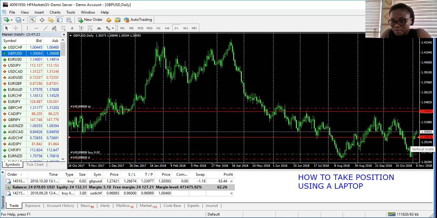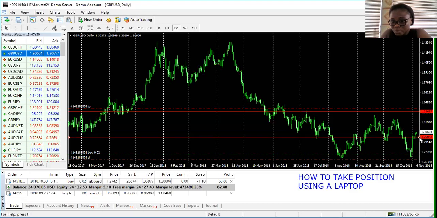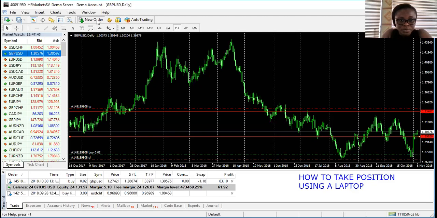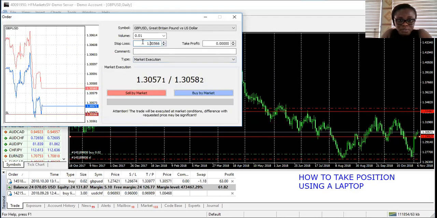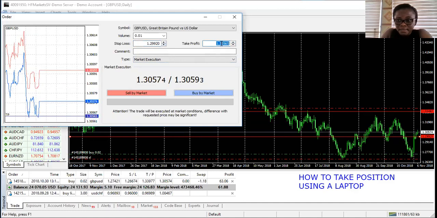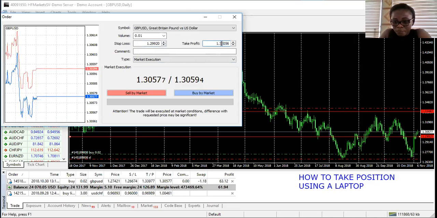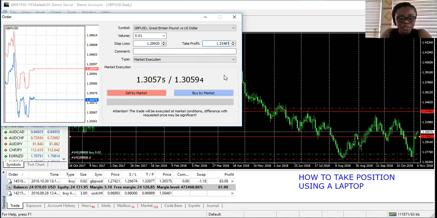So my stop loss is almost 1.2992, and my take profit is 1.33487. Let's go back to the order. My stop loss is 1.2992, and my take profit is 1.33487.